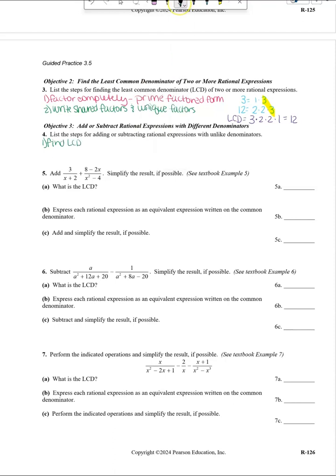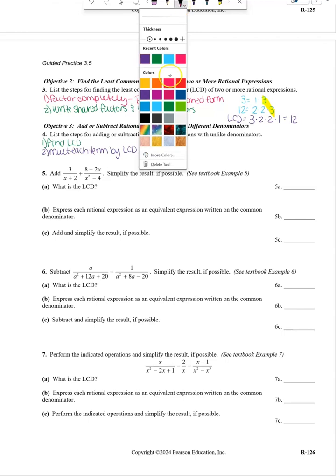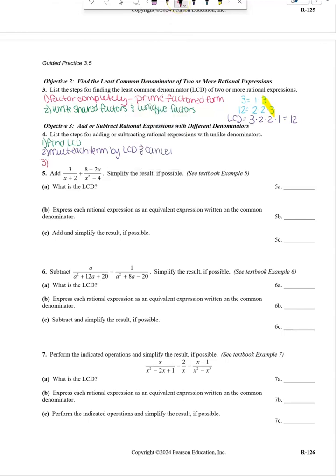Then the next thing that I do, number 2, is multiply each term by the LCD and cancel. And then let's go third, I distribute and combine like terms.